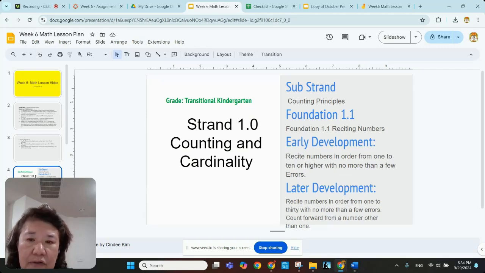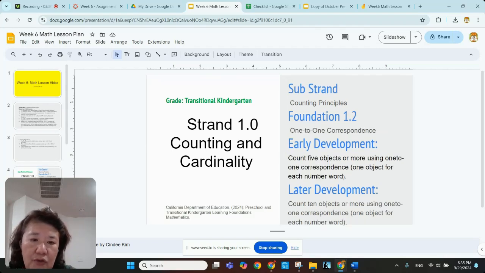I divide it into 2 lessons. Both of them are counting principles based upon the California Department of Education Preschool and Transitional Kindergarten Learning Foundations in mathematics. I want to focus on foundation 1.1 and 1.2. 1.1 is reciting numbers and 1.2 is one-to-one correspondence.